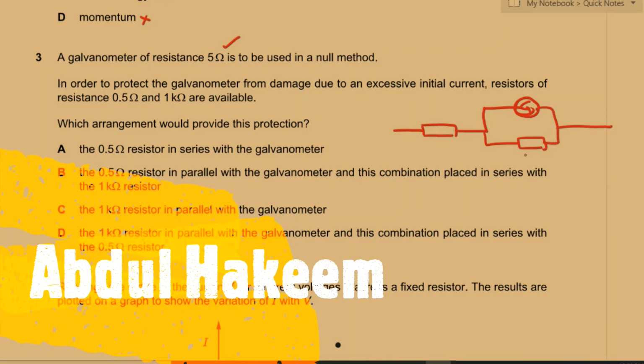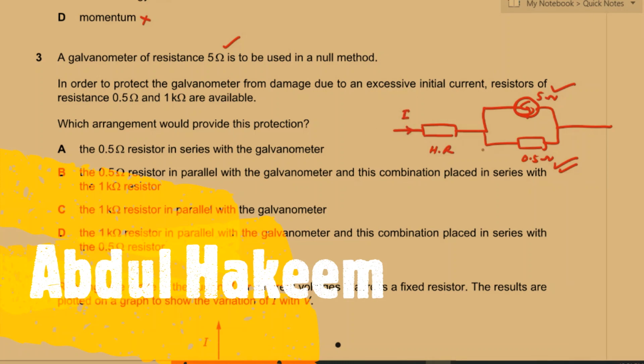So when the small resistance is 0.5 and this is 5 ohm, the large current will pass through the small resistance in parallel, and less current through the galvanometer. If the high resistance is connected in series, then definitely a small current will pass through the circuit.